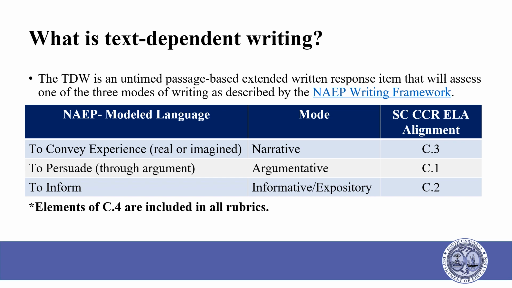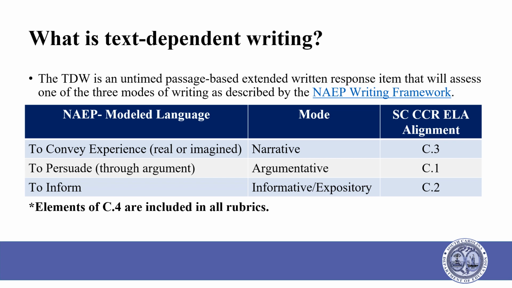Students in 5th and 6th grades will be writing in the argumentative mode, but their purpose will be to persuade through argument. Students in grades 7 and 8 will be writing in either the argumentative mode or the informative mode, and their purpose will be either to persuade through argument or to inform.